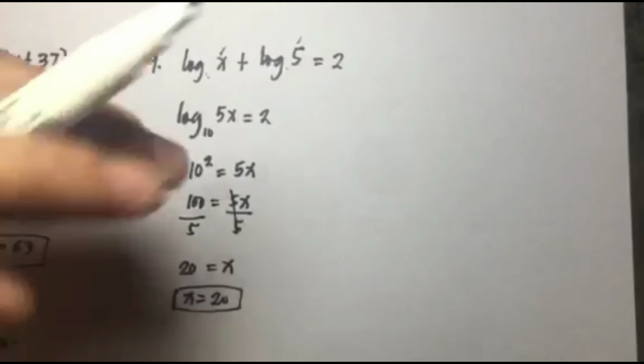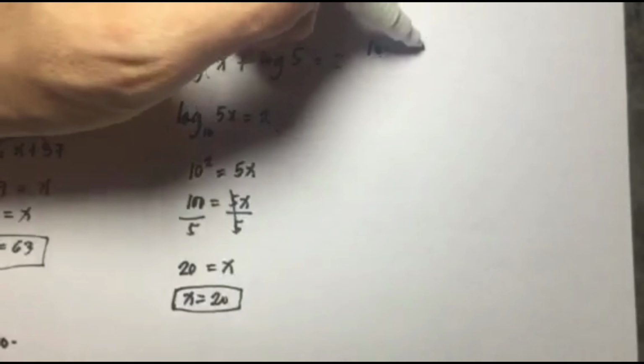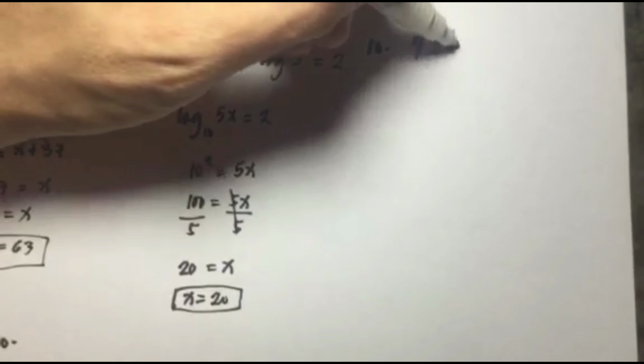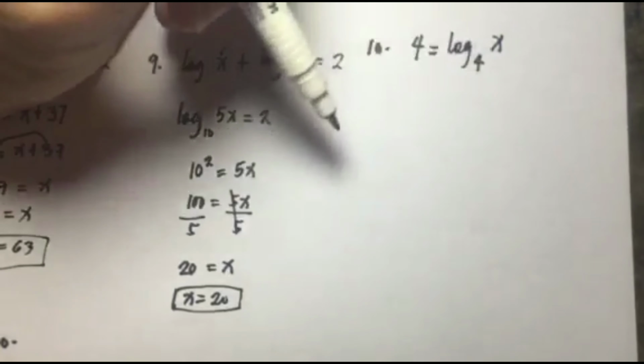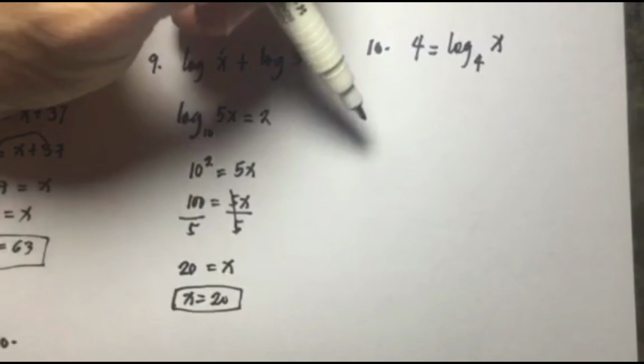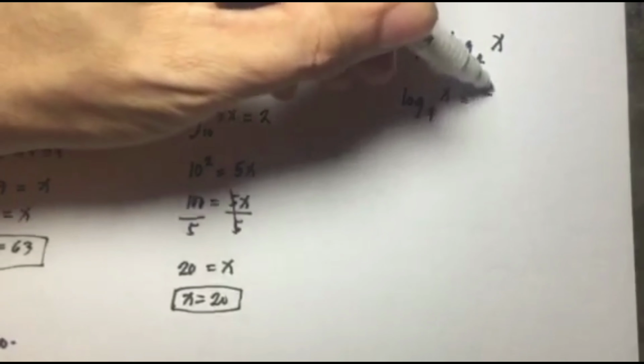Dito na lang natin siya ilagay sa dulo. Number 10, we have 4 equals logarithm of x to the base of 4. So, kapag ganito naman, baka kasi malito kayo sa pag-transform, pwede naman natin siyang baliktarin. Magiging logarithm of x to the base of 4 equals 4.